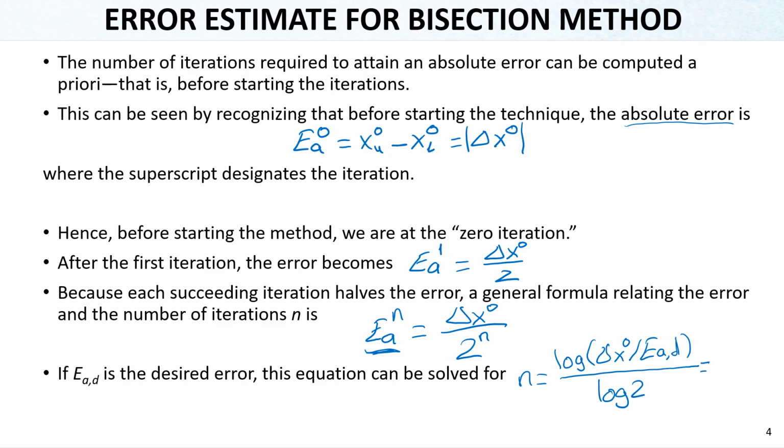If we simplify this, because it has log in the numerator and denominator, n equals log base 2 of delta x0 divided by EAD. So we isolated n from this mathematical equation and obtained this value. This is an important formulation to find the number of iterations.